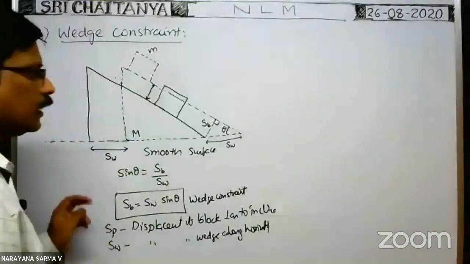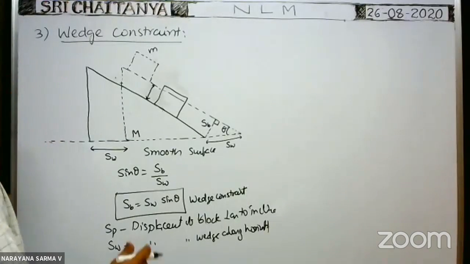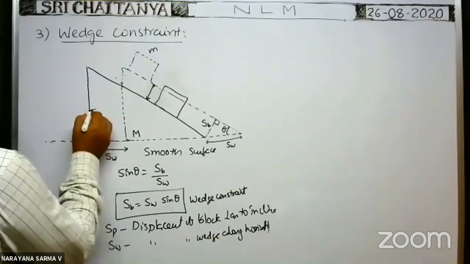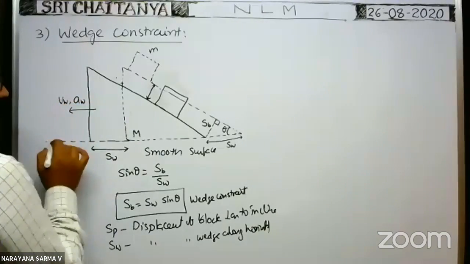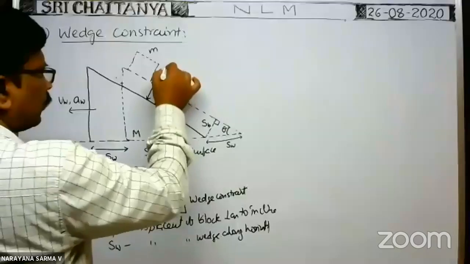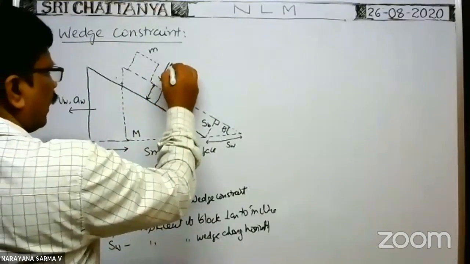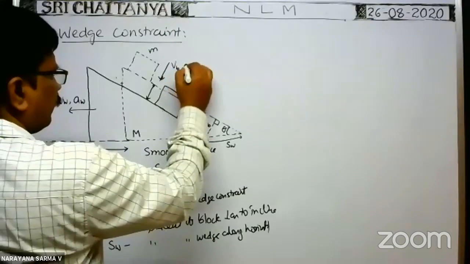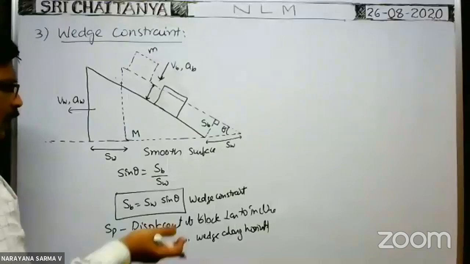That is very, very important. At a certain instant of time, say the velocity of the wedge in this direction is VW and the acceleration of the wedge is AW. At the same time, perpendicular to the incline, that means in this direction, the velocity of the block is say VB and the acceleration of the block is say AB. What is the relation among them?